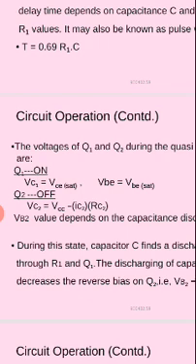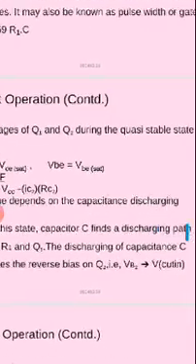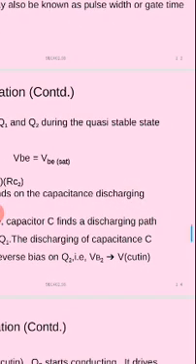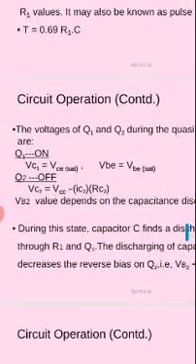During this state, capacitor C finds a discharging path through R1 and Q1.